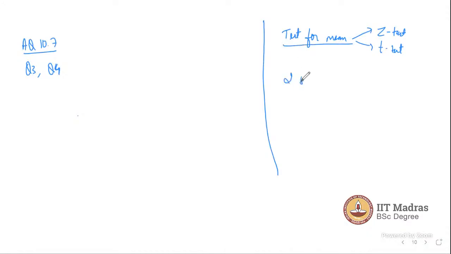Then you have the two-sample z-test. It is the same as the z-test, but you have two samples here. Same process as you use for the z-test.